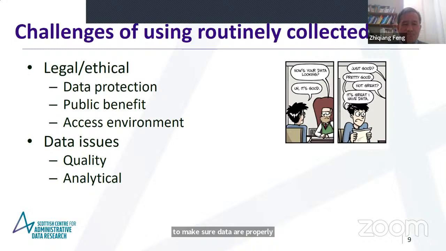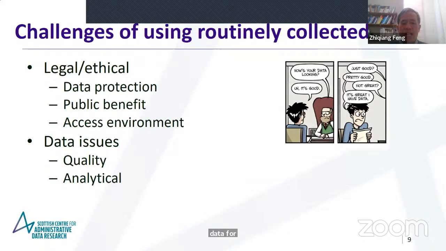And according to the GDPR, even if we do not have consent from patients, we can still use the data for the public's benefit.